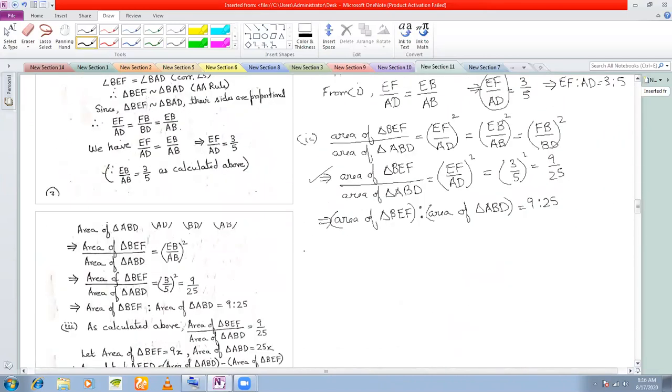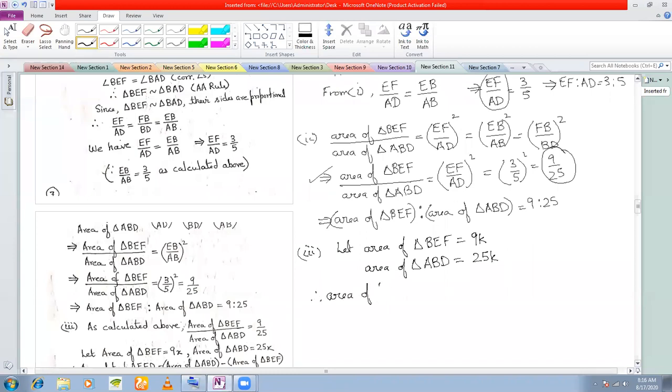So since you know the two ratios, you can take area of triangle BEF, you know the ratio to be 9 by 25 or 9 is to 25. You can take this as 9K, and area of triangle ABD is equal to 25K.